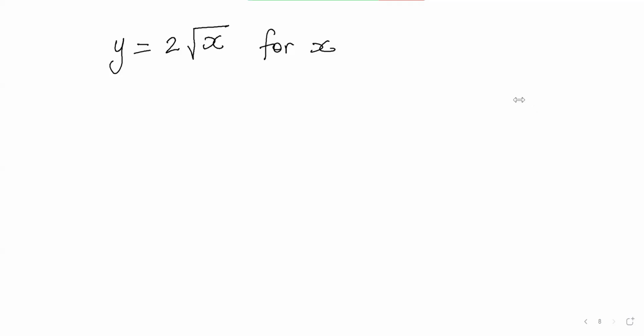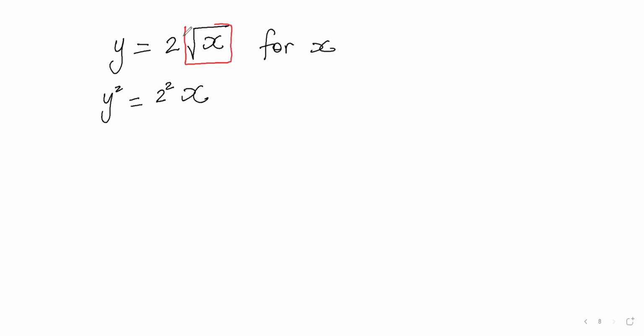Shadidia, anybody? So y squared equals 2 squared x. Everybody notice this? She's right. Now to remove the square root sign, she only squared this.